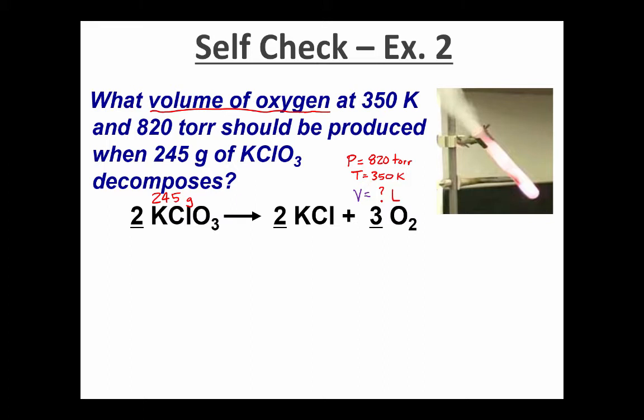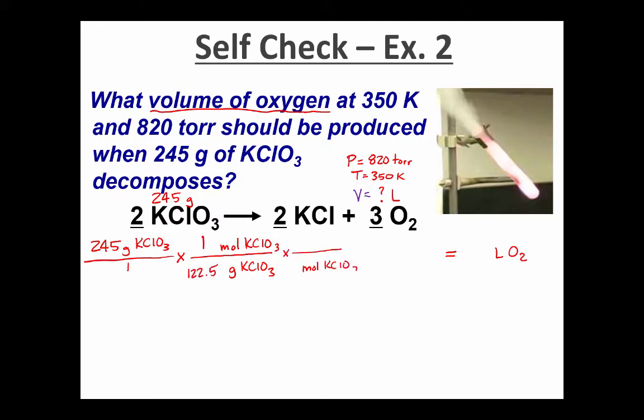So you might solve this like a stoichiometry problem. I'm given 245 grams of KClO3. I'm solving for liters of O2. Then I fill in conversion factors to go from grams KClO3 to moles KClO3. Then moles KClO3 to moles of the unknown, oxygen. And finally, moles of oxygen to liters of oxygen.